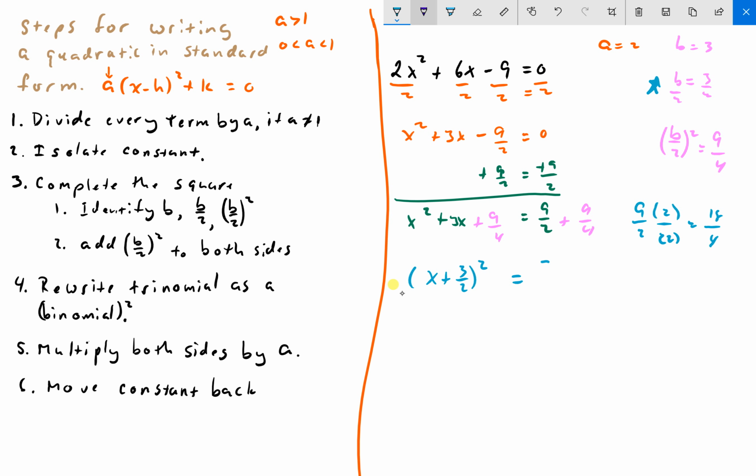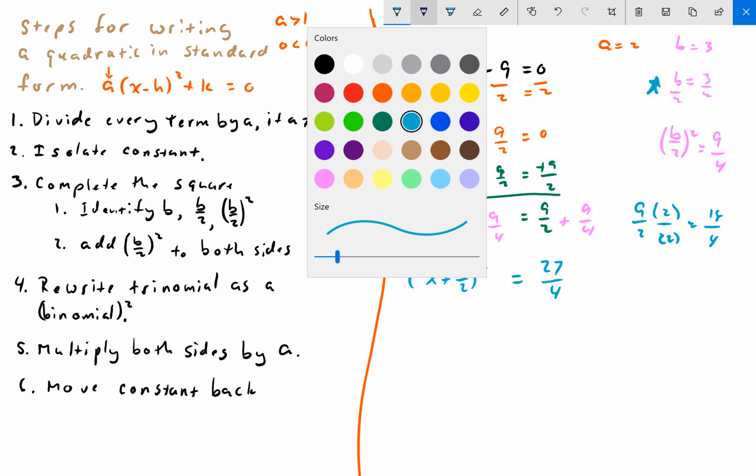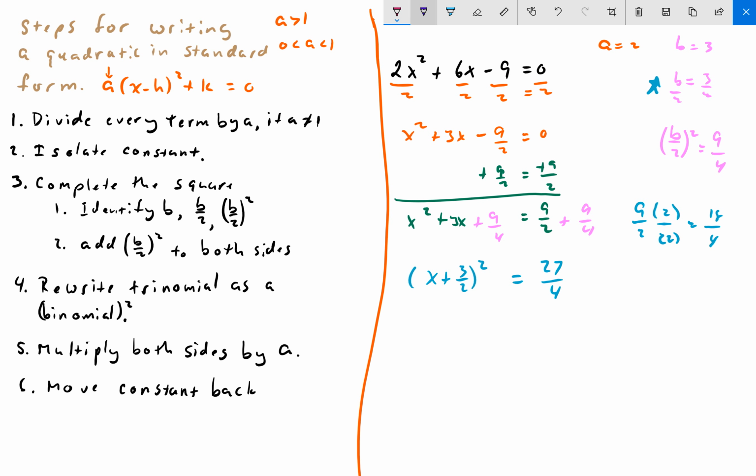Good thinking. 27 quarters. But now it says multiply both sides by a. Now, my a was 2. So I'm going to multiply both sides by 2 again. And when I do that, this stays as 2 times x plus 3 halves squared equals, and now it's not 27 over 4, it's going to be 27 over 2, because 27 over 4 times 2, I can cancel that out.